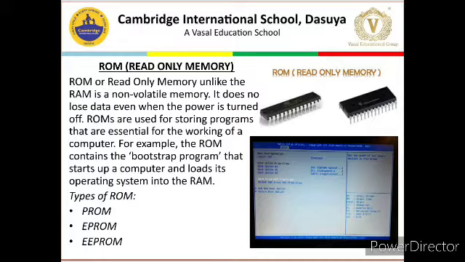As you can see on the screen, the above one is the ROM chips, and the picture below is the screenshot of the computer system booting up. The types of ROMs are PROM, EPROM, and EEPROM.